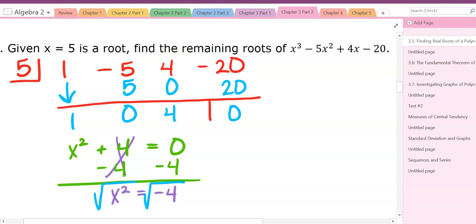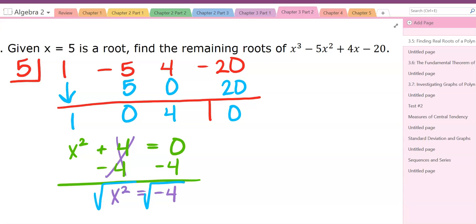Okay, now I had mentioned earlier that there's a possibility that you're going to have imaginary numbers. You're not going to see them a whole lot, and we don't focus a ton on them. But this is one of those cases where you are going to have an imaginary number. When you do the square root of 4, what's the square root of regular 4? 2.